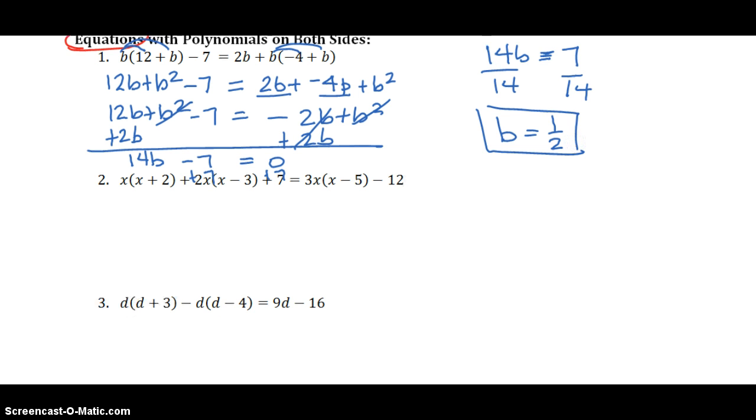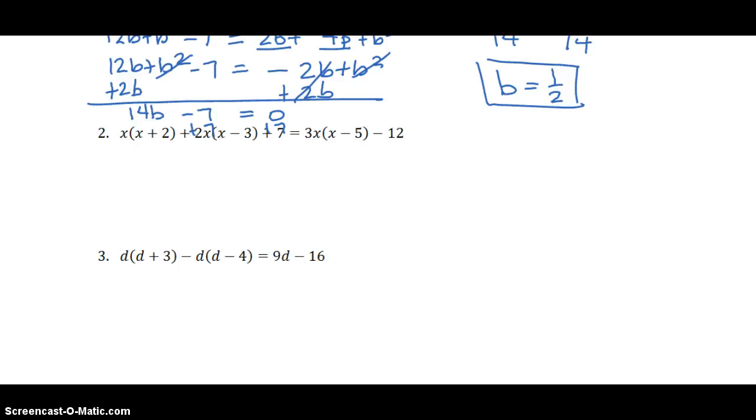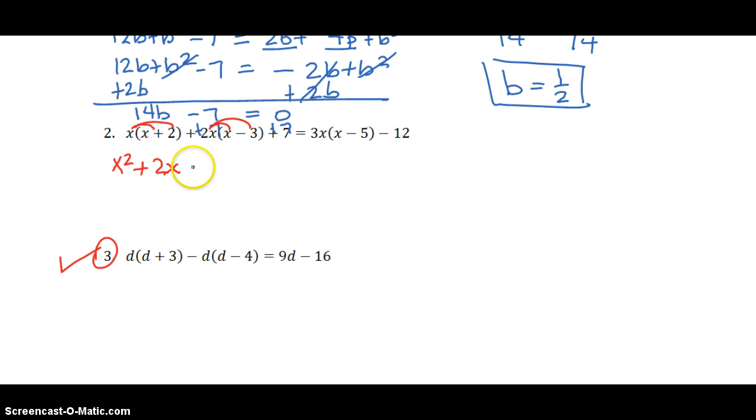Okay, I'll do the second one, and then I'm going to leave the third one for you to check your understanding. So I have to multiply. X times x is x squared plus 2x, plus distribute again, plus 2x squared minus 6x plus 7 equals, distribute your 3x squared minus 15x minus 12.